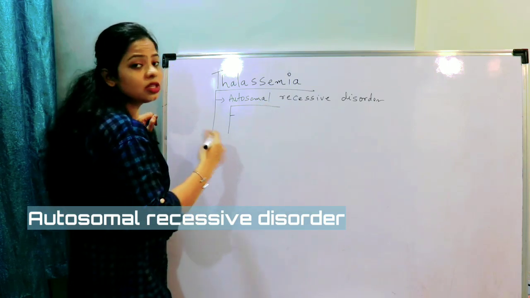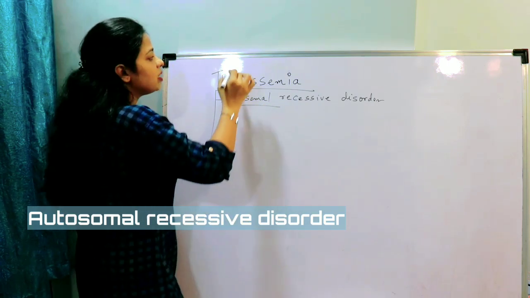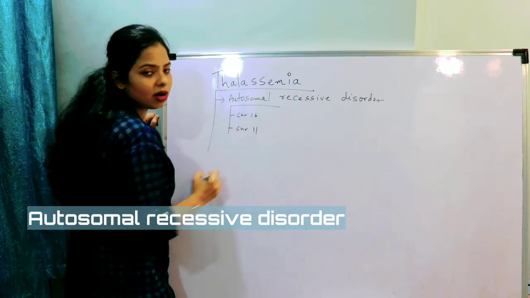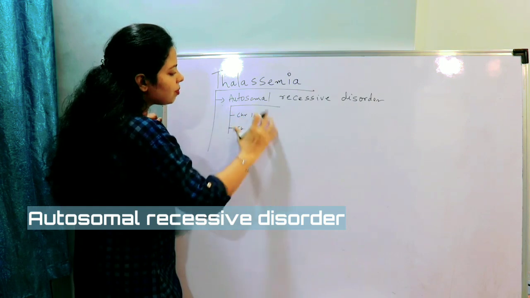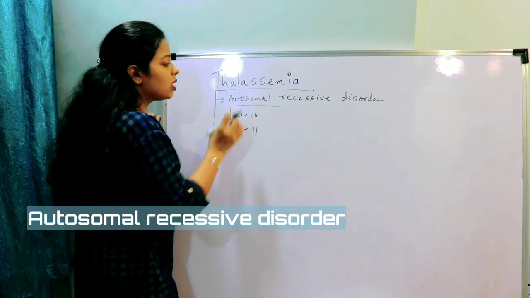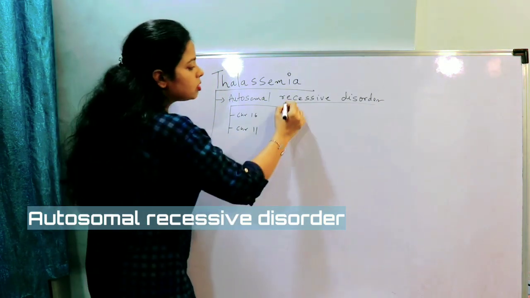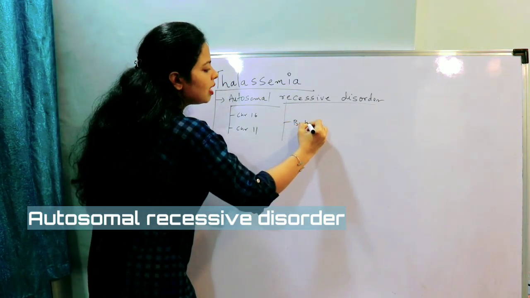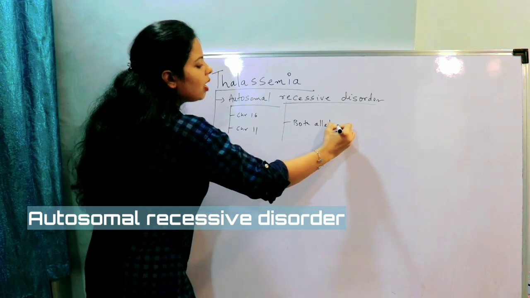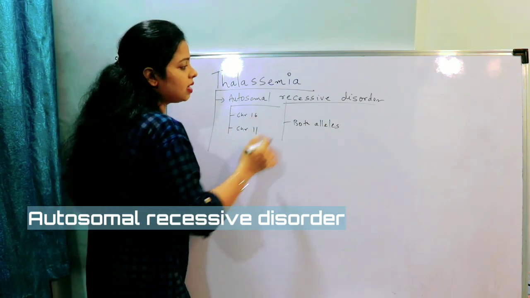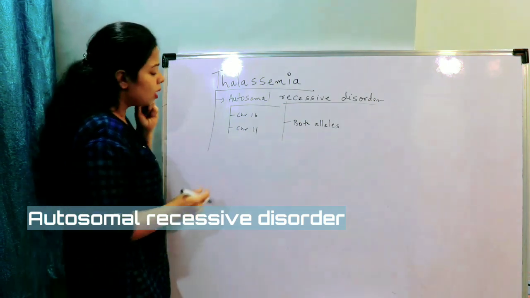Autosomal because the genes present on autosomes, that is chromosome number 16 and chromosome number 11, are affected. These are autosomes, therefore it is known as an autosomal disorder. Why do you call it a recessive disorder? Because both the alleles of particular genes are affected, therefore it is known as a recessive disorder.